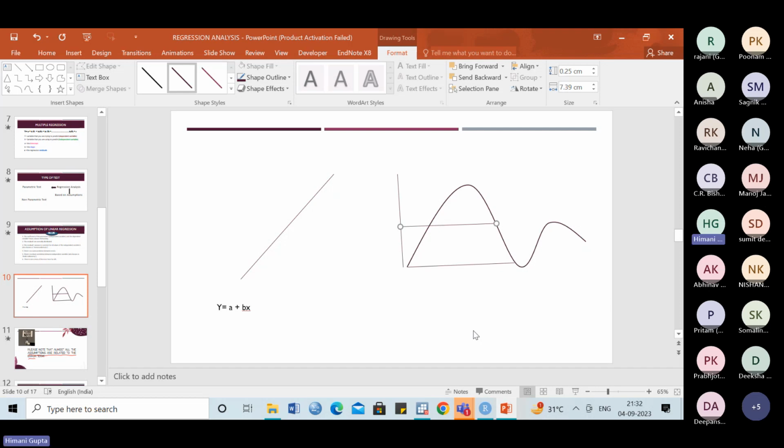Even a 60-year-old person is earning the same as a 30 to 40-year-old person. So as the experience increases, it's not compulsory that the salary will also increase.